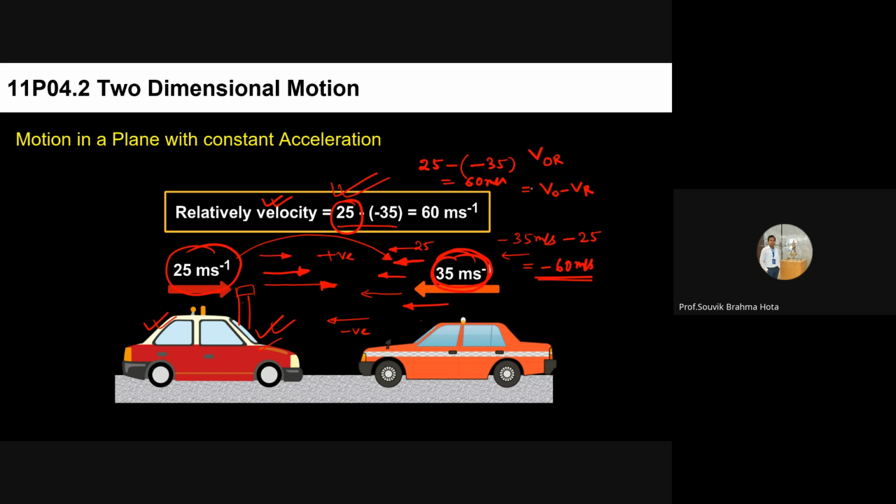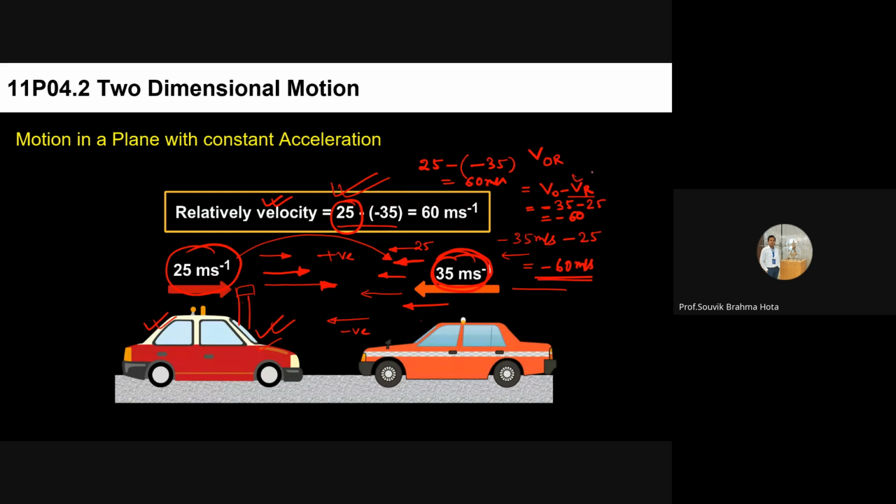That is also one concept. The velocity of orange is minus 35 as given here, and the velocity of red is 25. In that case you don't need to change any direction, you just keep it as it is: minus 35 minus 25, so again you get minus 60.